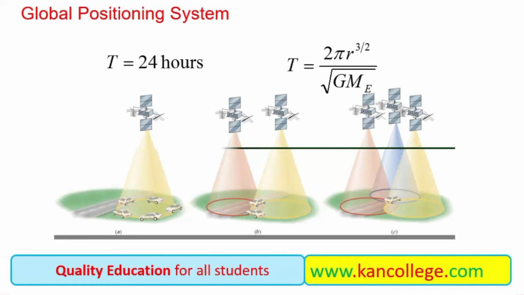Global positioning system. In the global positioning system, geostationary satellites play a vital role in positioning an object on the surface of Earth.